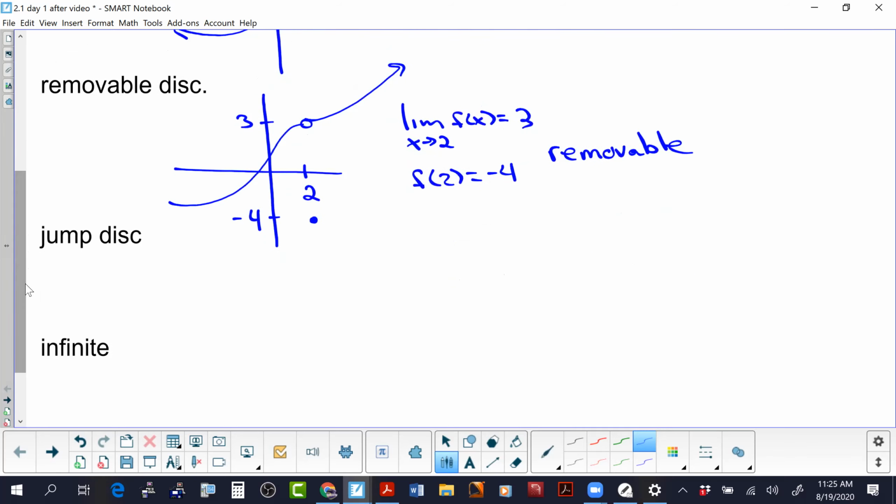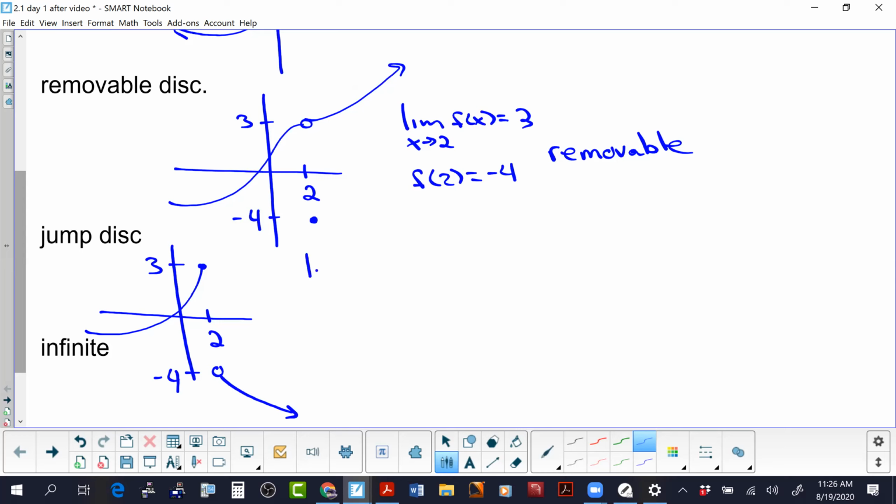Jump, to maybe 3, -4. What if our function did this? Maybe a solid dot there and an open dot there. There's certainly a jump discontinuity. Now what would that look like?